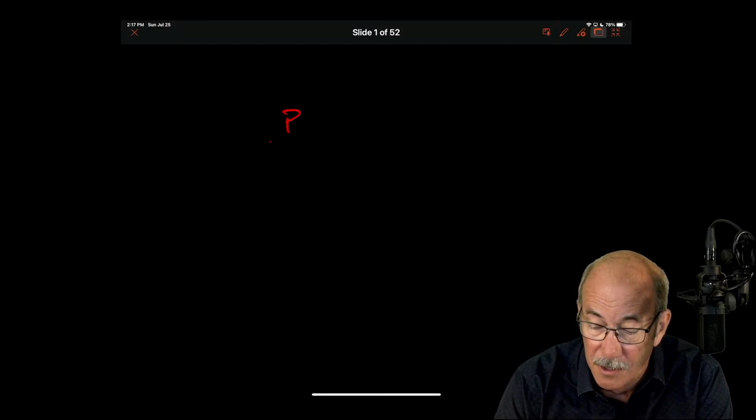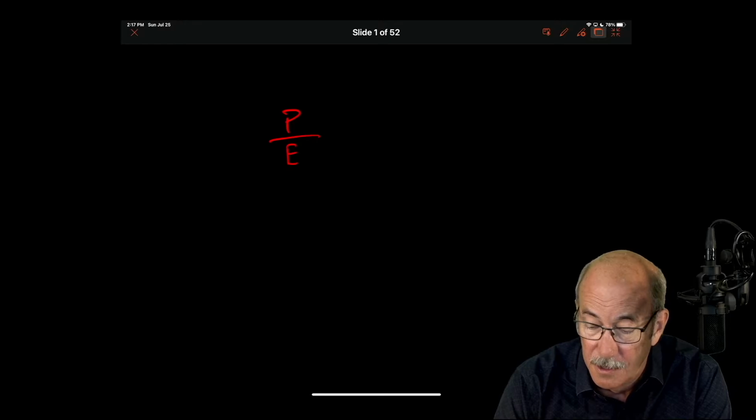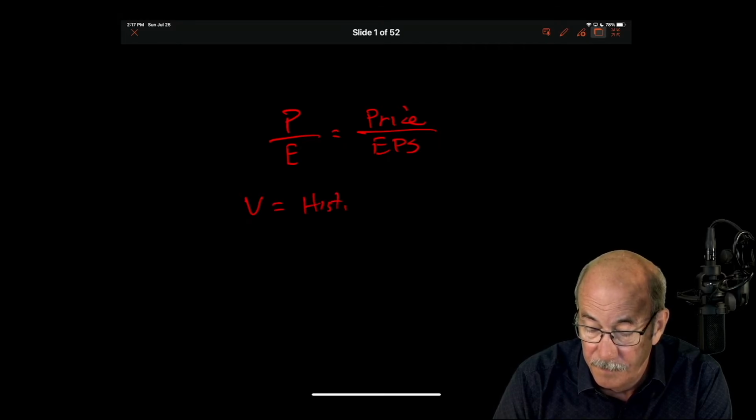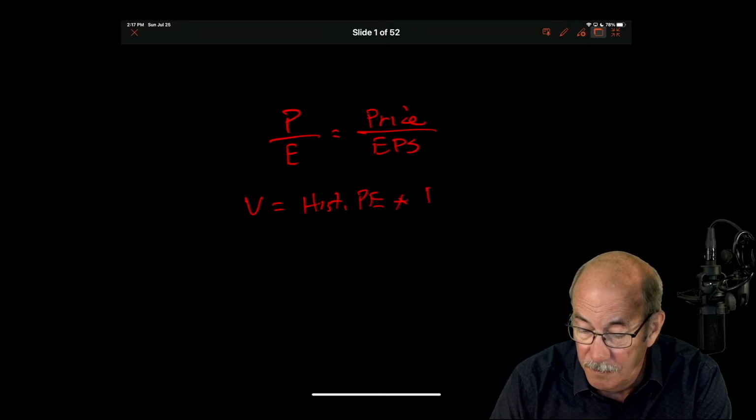So if you think about P over E, that's really price over EPS. And so when we come up with this value formula, we've got our historical PE times EPS times 1 plus the growth rate.